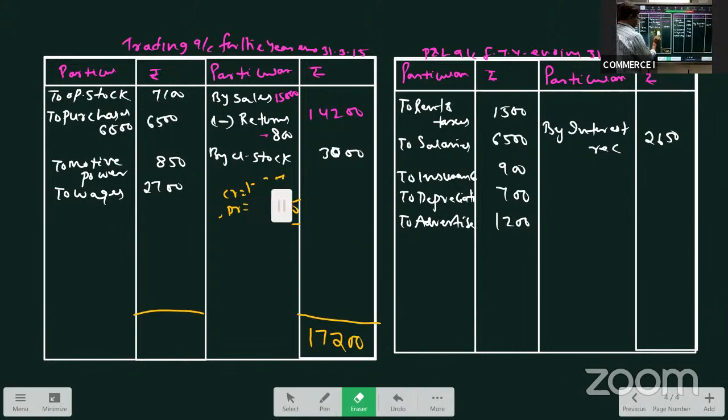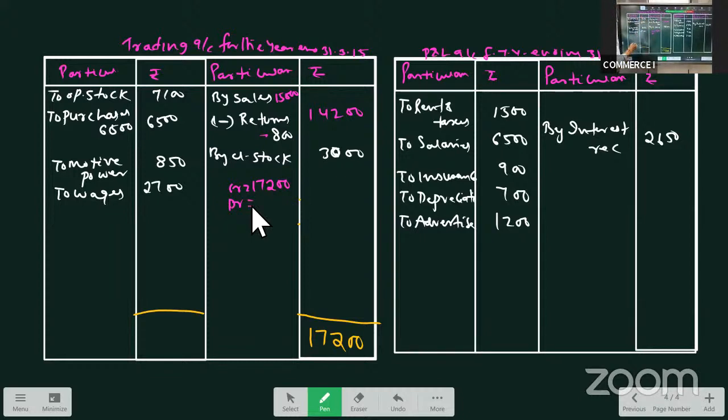Do it again. I'm doing it again. Credit side total is 17,200. And debit side total is 17,150. So we have a gross profit of rupees 50 only.